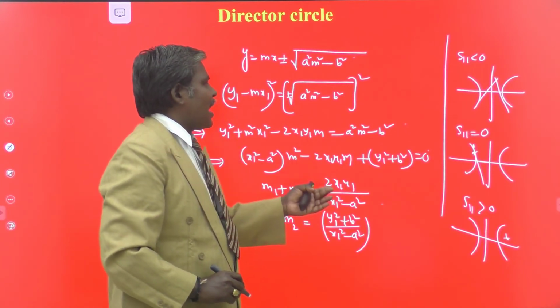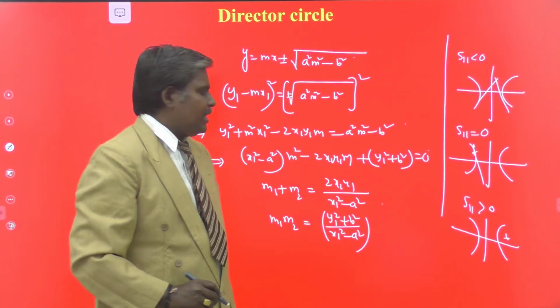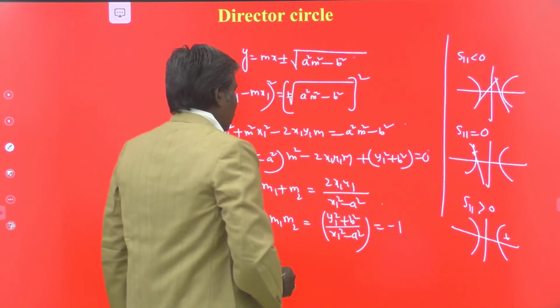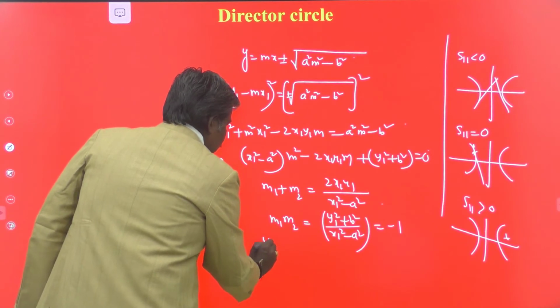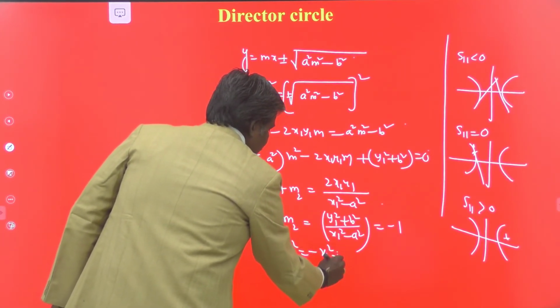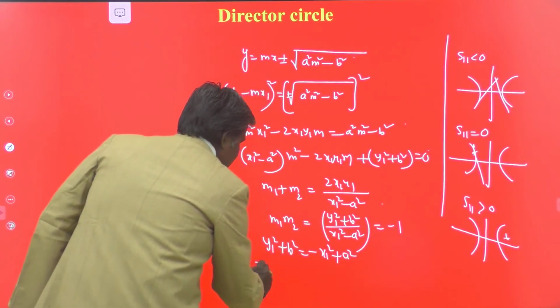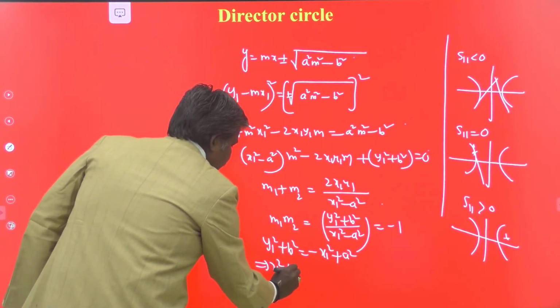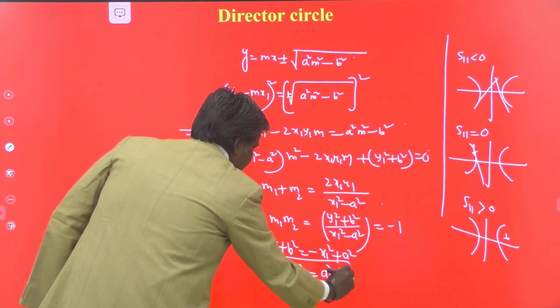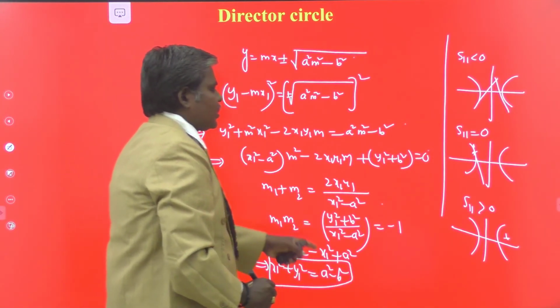Now since the angle between the two tangents is 90 degrees, equate the product to −1. Now y1² + b² = −(x1² − a²), which implies x1² + y1² = a² − b². This is the condition for x1, y1.